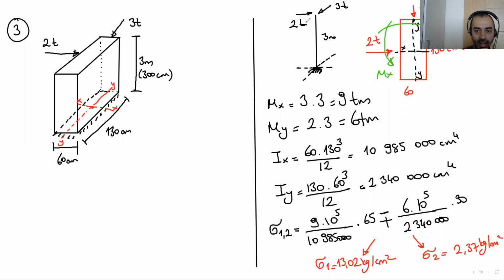Now, under Mx, what will we see? Let's go compression. Under Mx, the moment arrow is like this. The arrow side is the compression side.